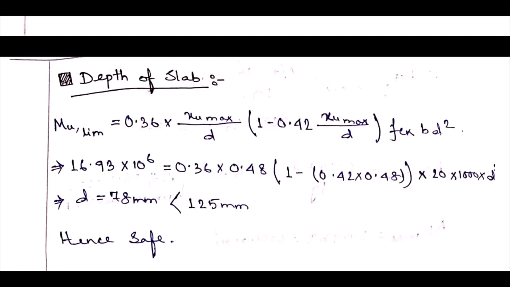So we have our value for moment, ultimate moment, that is 16.93 into 10 to the power 6 equals to 0.36 into xu max by d.